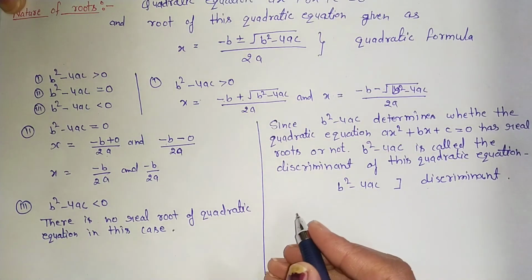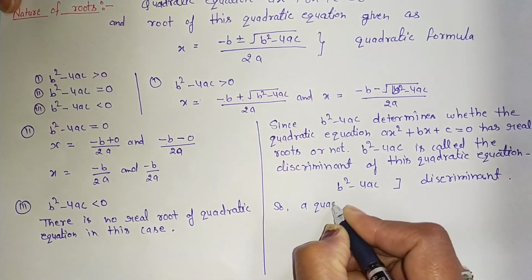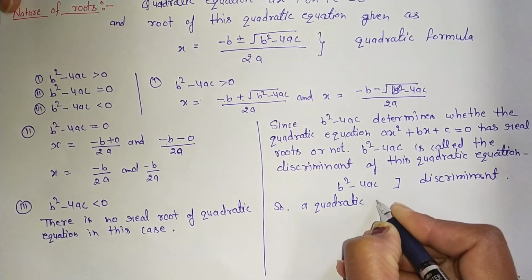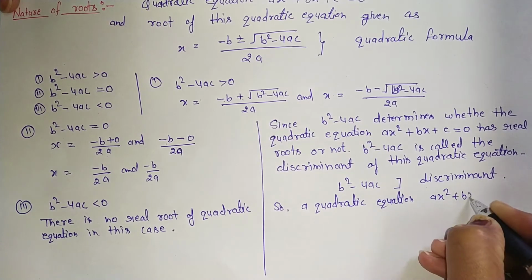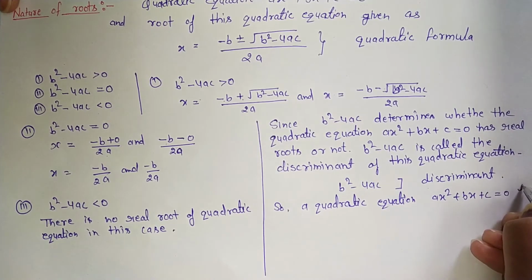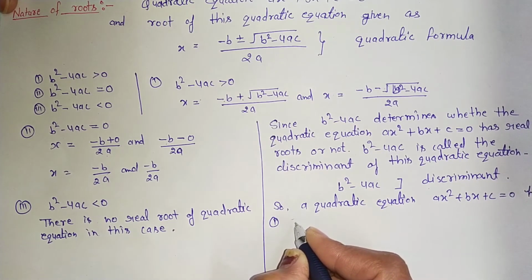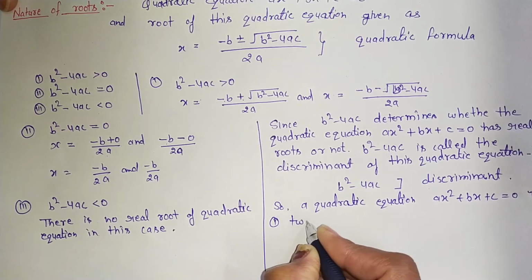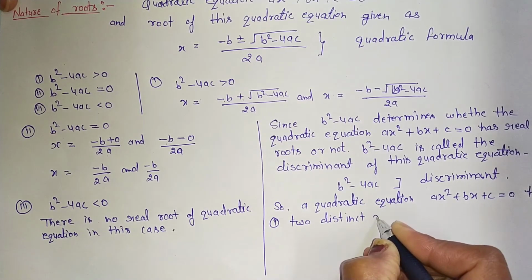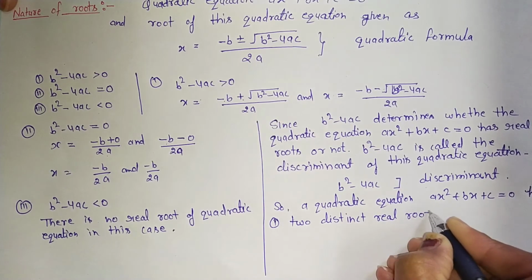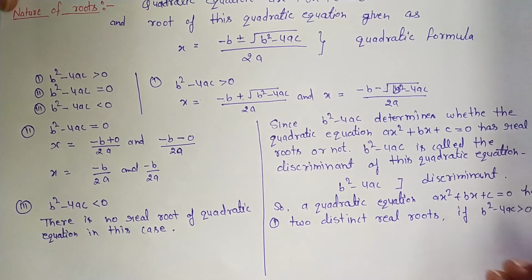So we can say a quadratic equation ax square plus bx plus c equal to 0 has, first, two distinct real roots if b squared minus 4ac is greater than 0.